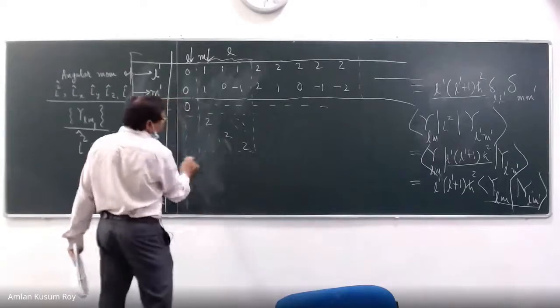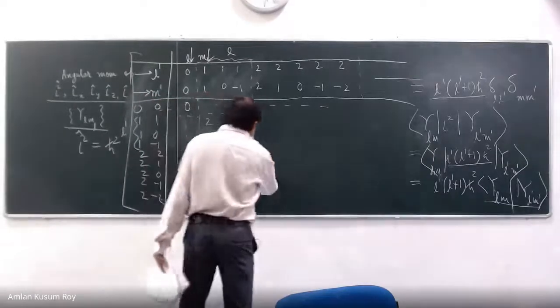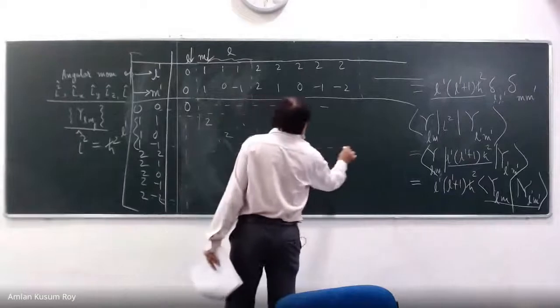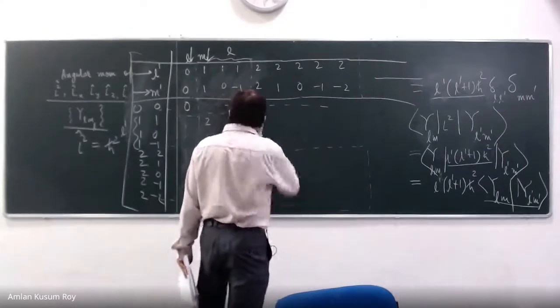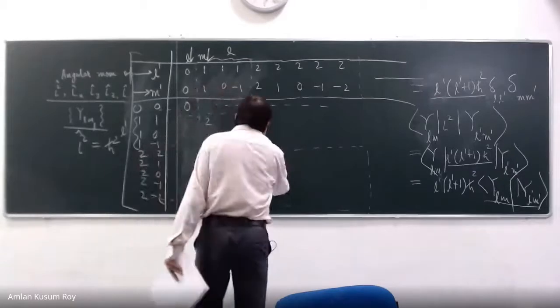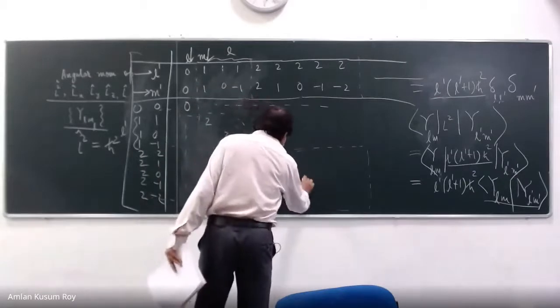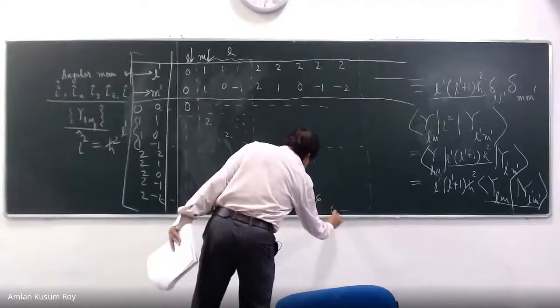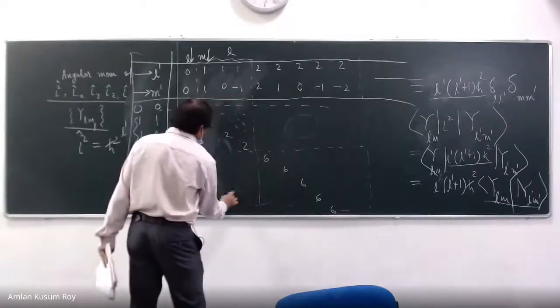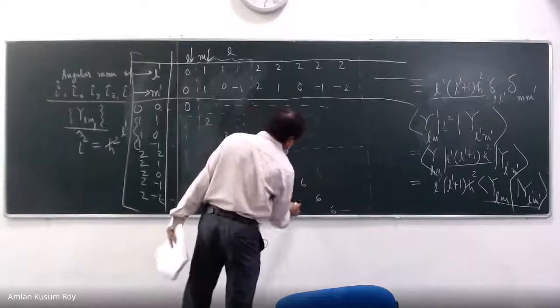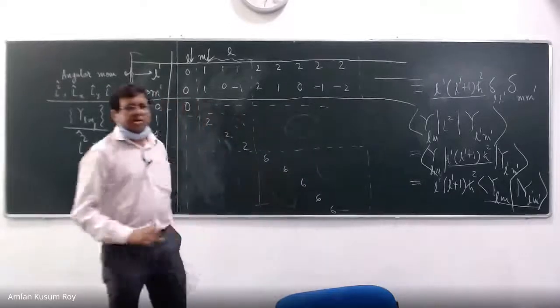Of course, these are all big, big zeros. And then 2 into 2 plus 1, so that is 6, 6, 6, 6, 6. These are all big zeros.